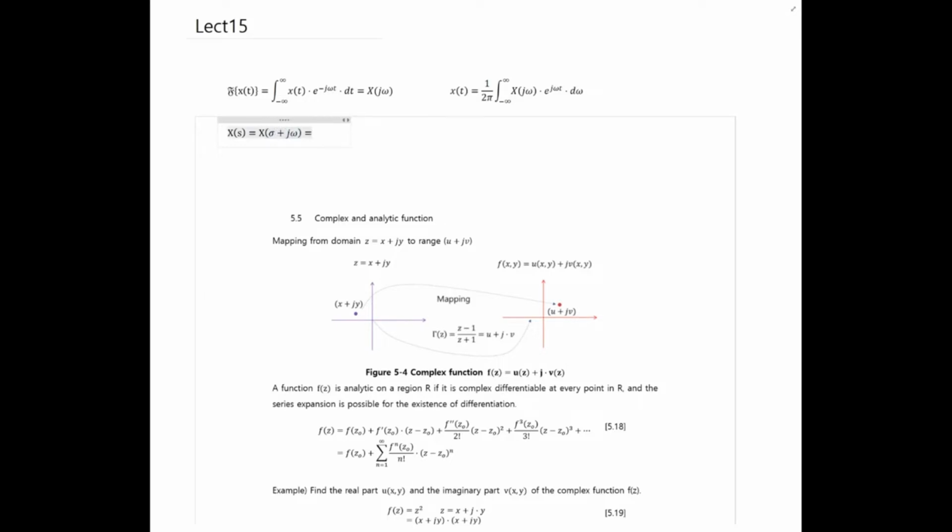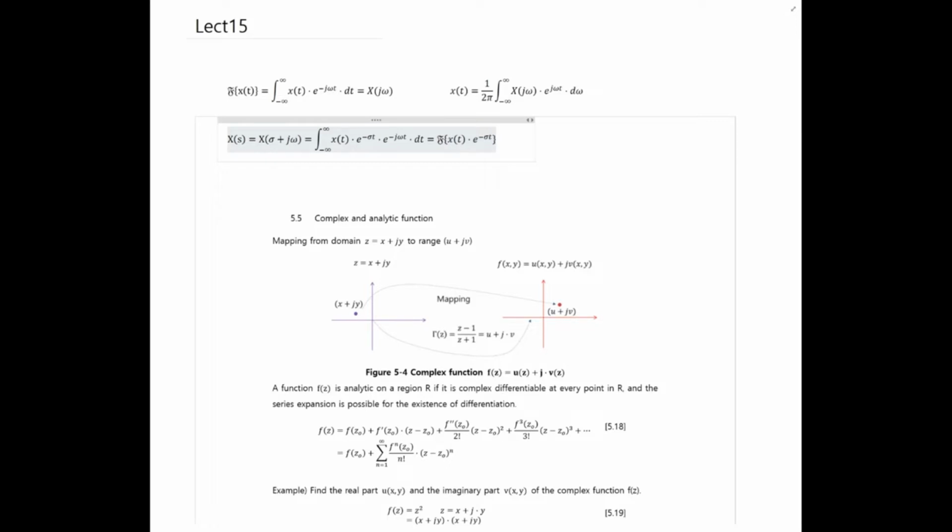This is defined this way: compared to the Fourier transform, x(t) is integrated with this basis function e to the minus st, but s can be decomposed as sigma t and minus j omega t. So it's quite similar to the Fourier transform of x(t). Okay, it looks like this one.